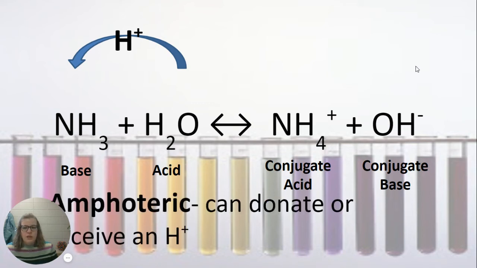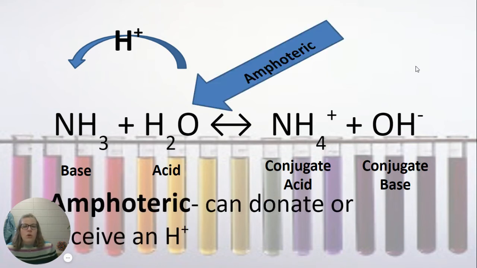Okay, so in the case of water, you may have noticed that it is acid in one reaction and base in another. And there are some substances that can do that. And if that's the case, they have the name amphoteric. Ampho means kind of both. So if we have amphoteric, it means that that substance can be an acid or a base.